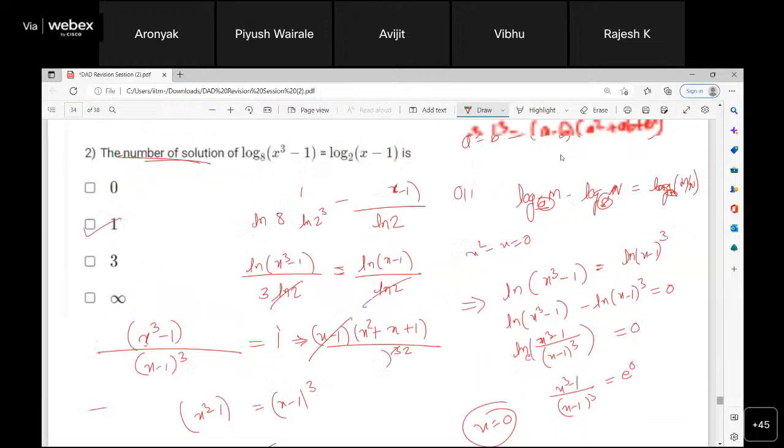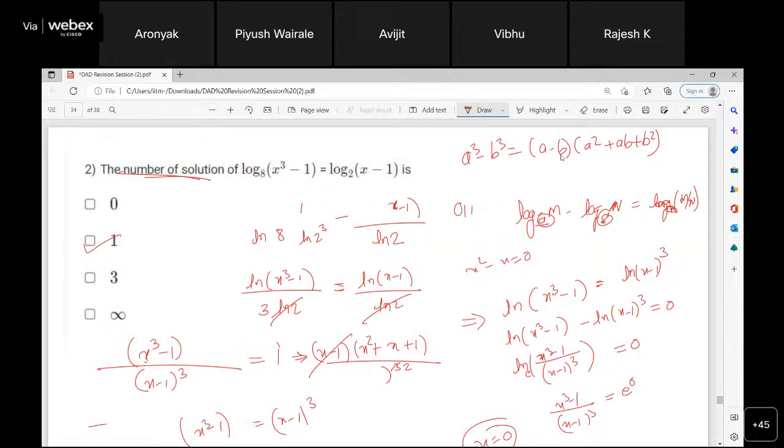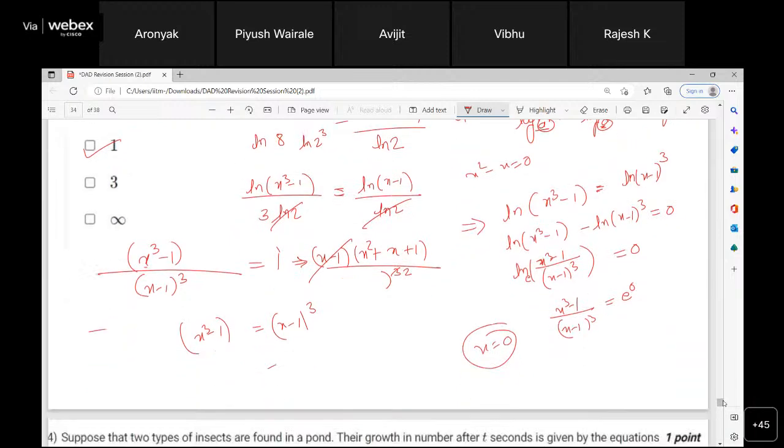There is something wrong: x minus 1 into x square plus x plus 1 equals x minus 1 whole cube, so it will get cancelled.